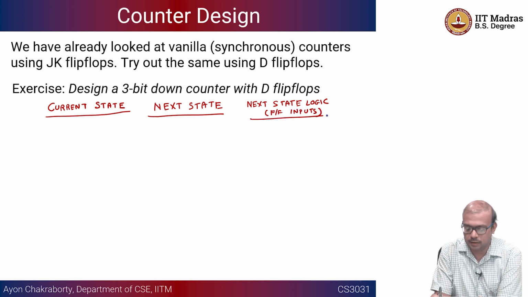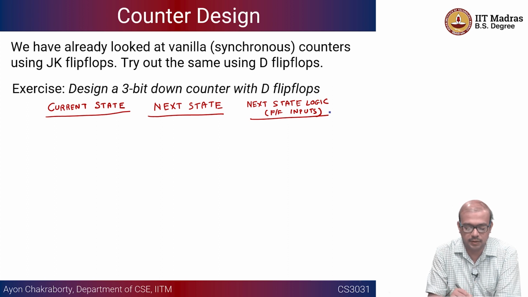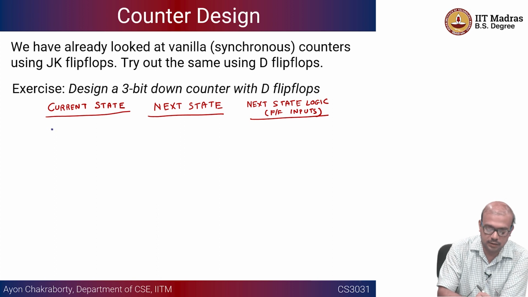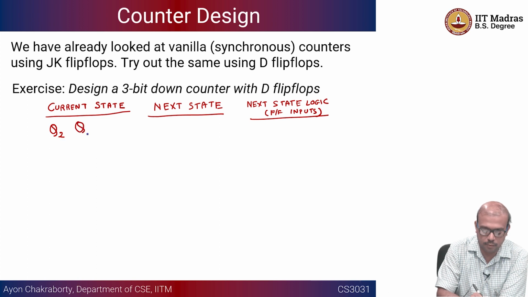Okay, so now let us look into the thing that has been asked. It is basically trying to design a 3-bit down counter. It has already mentioned that there are 3 bits, and you should have 8 states. So there is no real bit savings that we can do here. The current state is going to be Q2, Q1 and Q0.